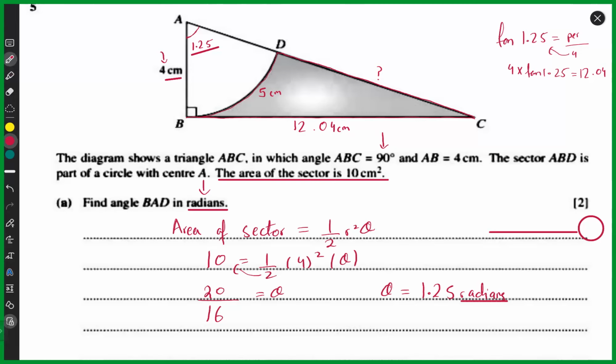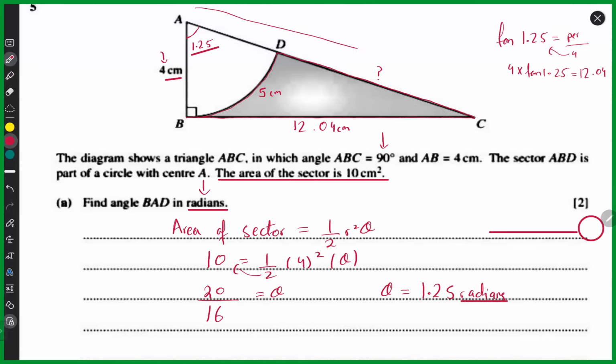Miss, what about the perpendicular? The side DC, you need to find the side DC. Yes, miss. We'll use Pythagoras theorem and minus 4. Very good. And that would give you this entire side, right?